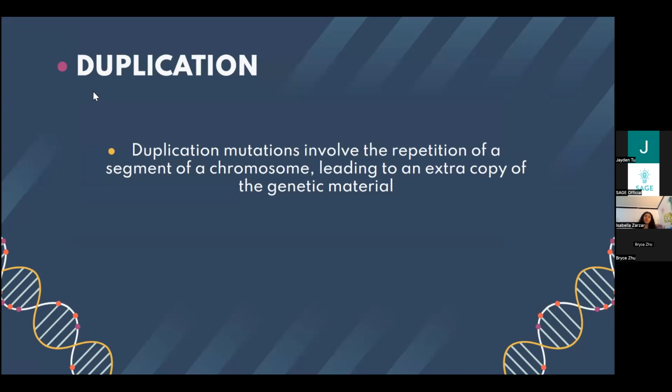Okay, so also another mutation type is duplication. It's kind of like insertion, except it basically involves the repetition of a certain segment of chromosomes, which leads to an extra copy of the genetic material. So it's just like duplicating a certain segment of DNA.